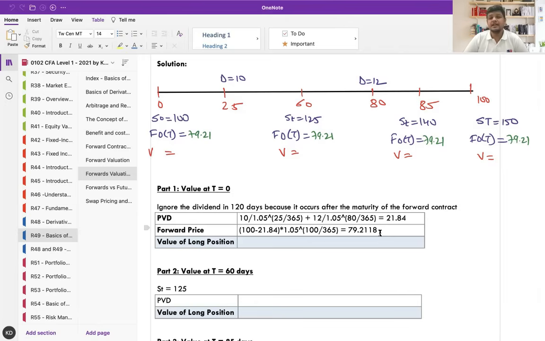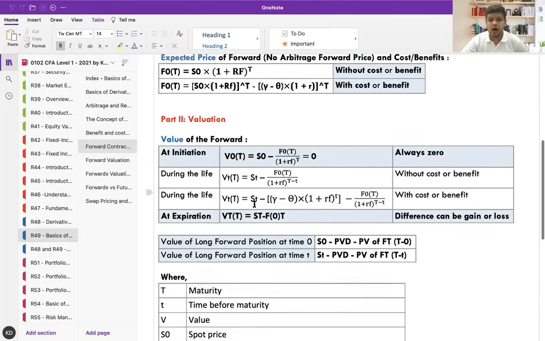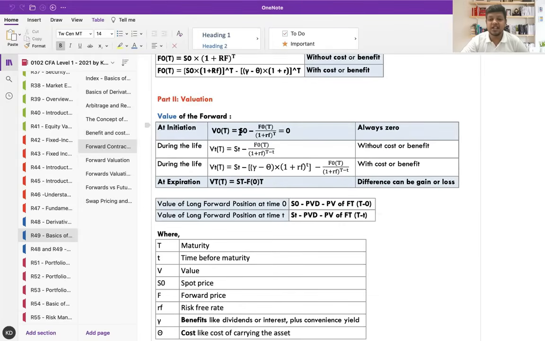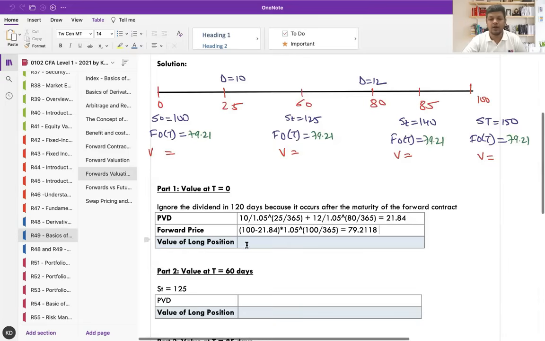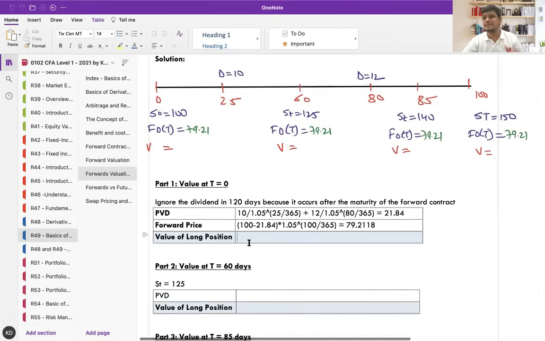Value is the difference between the spot and the forward. Yes or no? Yes. So how do you find the value at the initiation? It should be spot minus the present value of the future that you have to pay. But if there is a benefit or cost, you have to adjust that as well. Correct? So what is the present value?